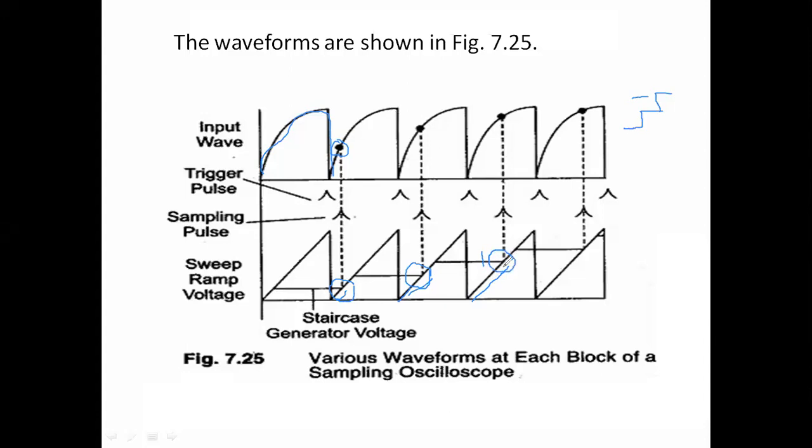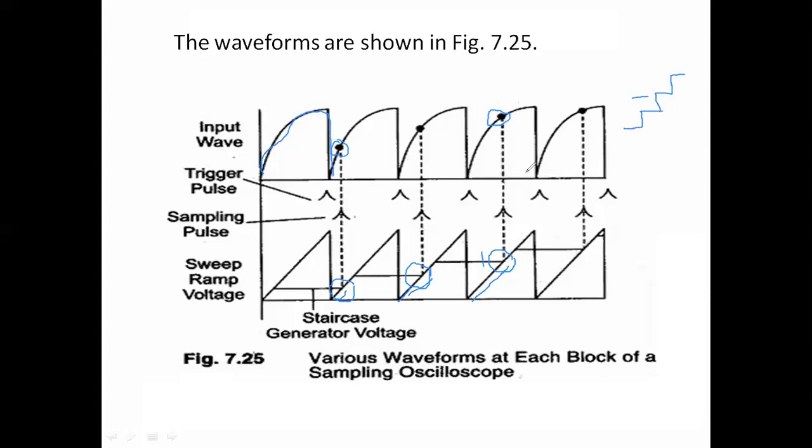When these two signals are equal, the voltage comparator will produce a pulse, a sampling pulse. That pulse makes the sampling gate open or high, and the input voltage which is present at that moment will be collected and sent to the vertical amplifier.